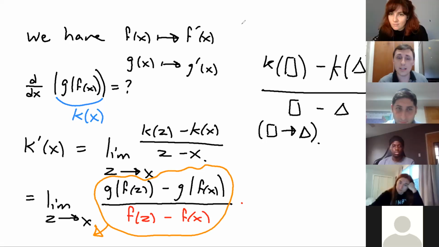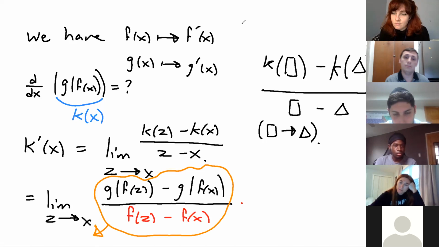I know what it is. And it is what? A lot of you wrote f of z minus f of x. If you did not copy it, then you should know why.